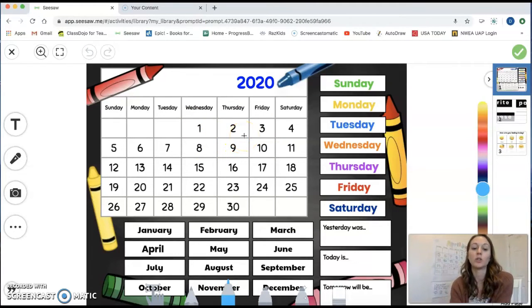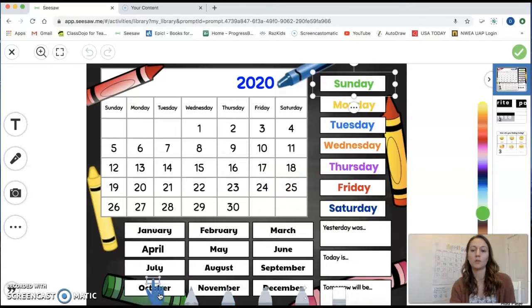Then you're going to circle the day that we're on. Then it's going to say yesterday was blank, today is blank, and tomorrow will be blank. What day was yesterday? You're going to drag that using the hand tool into the box. What day is today? You're going to look for that day and drag it into the box. And what will tomorrow be? You're going to take that tool and drag it into the box.